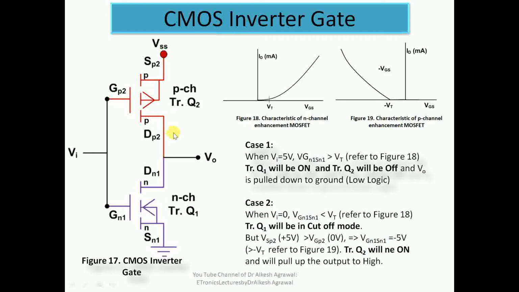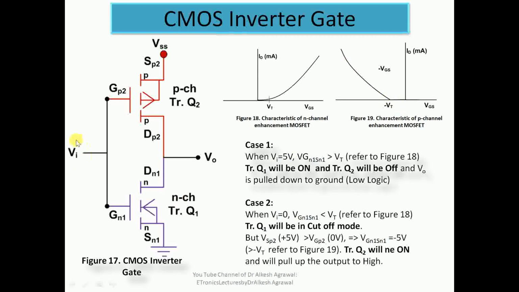First we'll discuss how it functions as an inverter. When Vi is given a positive polarity voltage, remember these are the characteristics of an N channel MOSFET, where the gate to source voltage must be positive, greater than the threshold voltage. And for a P channel enhancement MOSFET, the gate to source voltage should be negative, beyond minus VT.